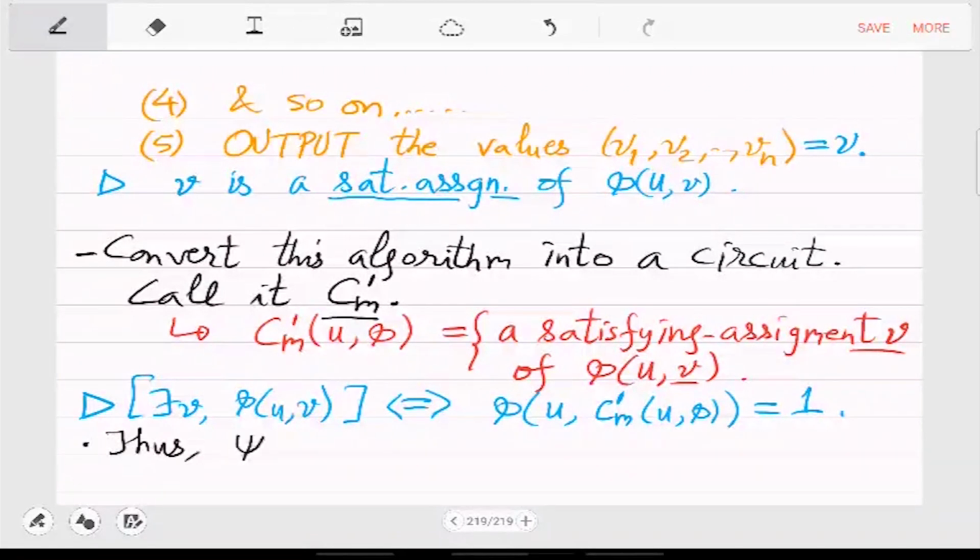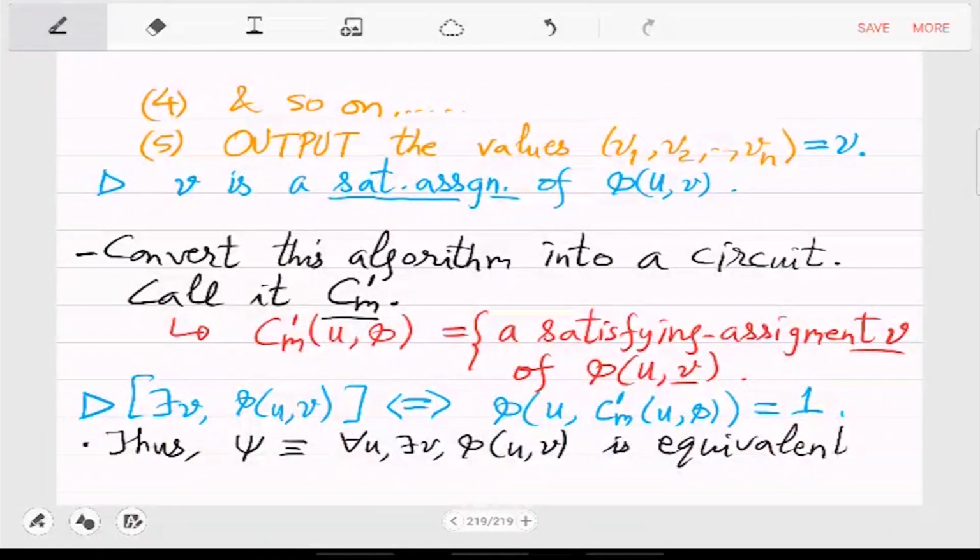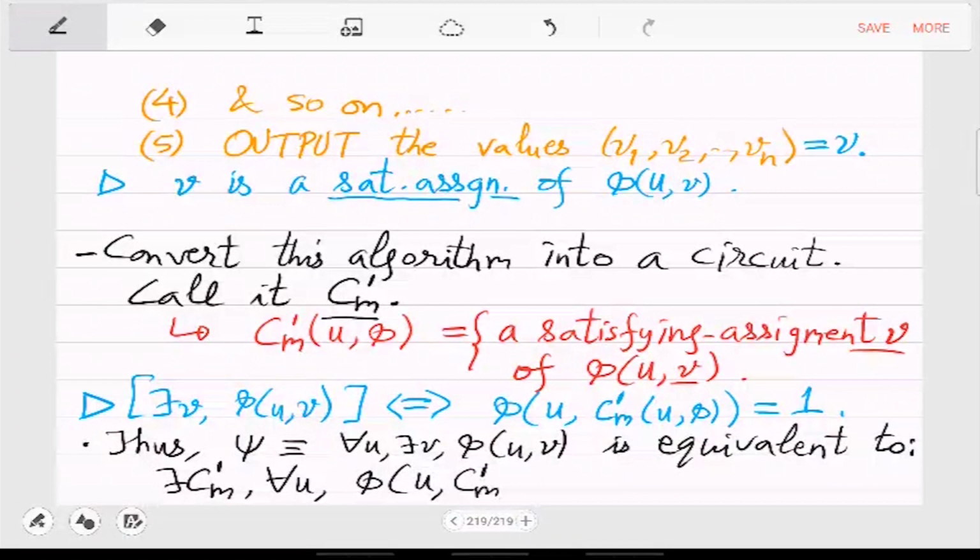So, psi was what? Psi was for all u there exists V phi(u, V), which is equivalent to that there exists a circuit C_m prime such that whatever string u is given, phi(u, C_m prime(phi, u)), with C_m prime taking phi and u as input, accepts.